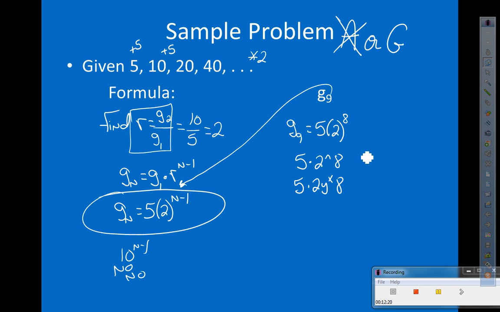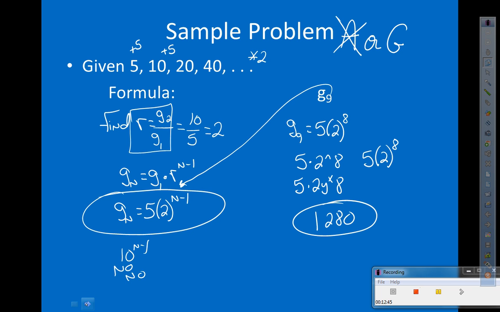What most of you should do is type it like this: 5 parentheses 2 parentheses 8. No matter what you type in, though, you should get an answer of 1,280. That's the value of the 9th term. But here's the formula. The formula must have that n minus 1 in there.